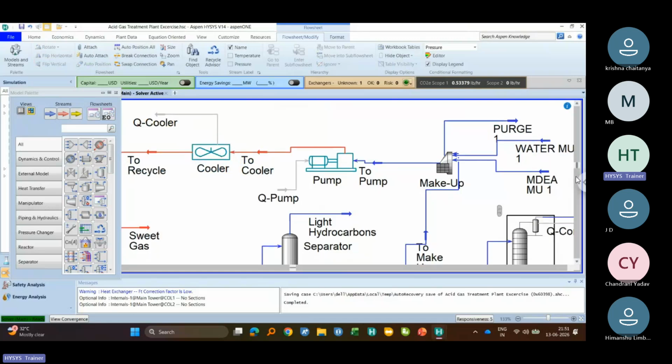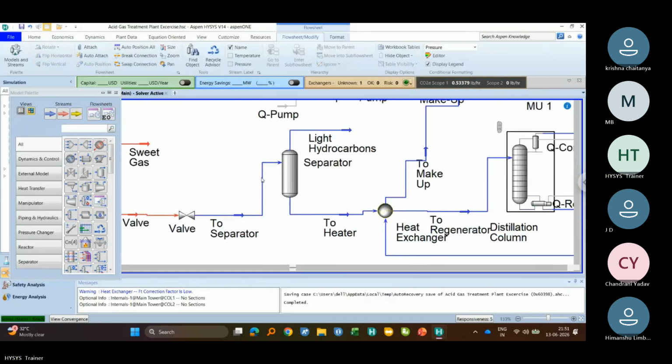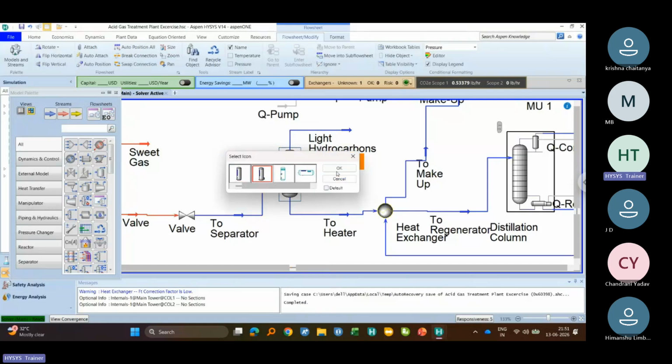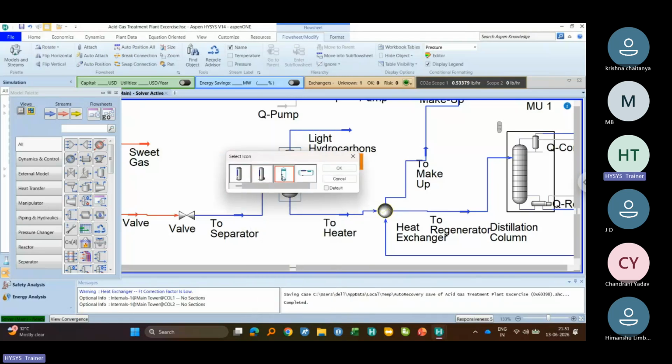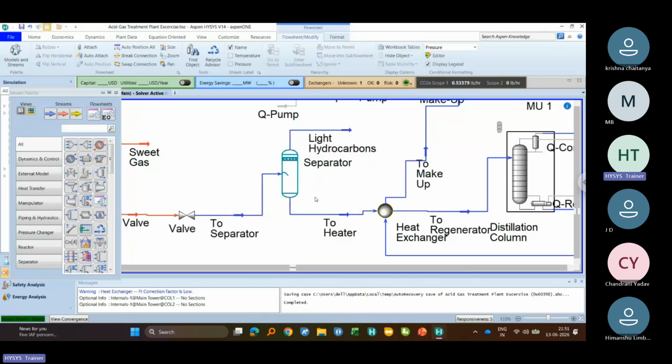Similarly, you can do it for the columns as well. Change icon. If you want to use this symbol, you can see this symbol is slightly modified, or like this. You can change the symbol of any of the equipment.